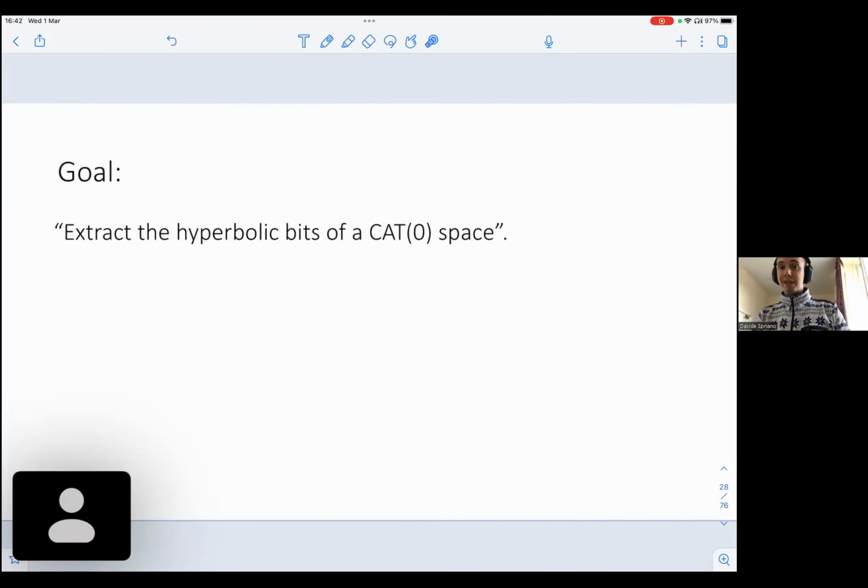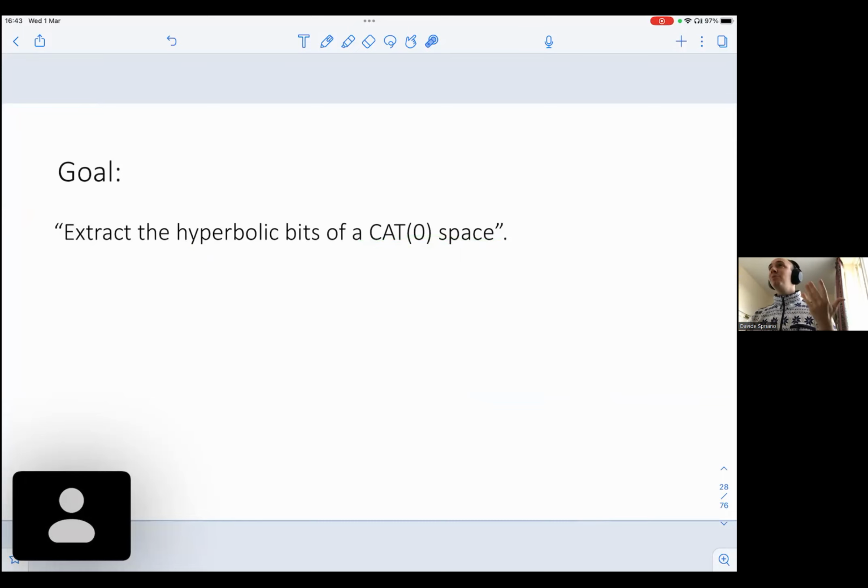And the goal of today, as we said, is to build an analog of the curve graph. That is to say, we need to extract the hyperbolic bits of a Cat0 space. We need to build a hyperbolic model, if we want to do something like with the mapping class group and the curve graph, where we have this hyperbolic space that encodes a lot of the geometry and the algebra.